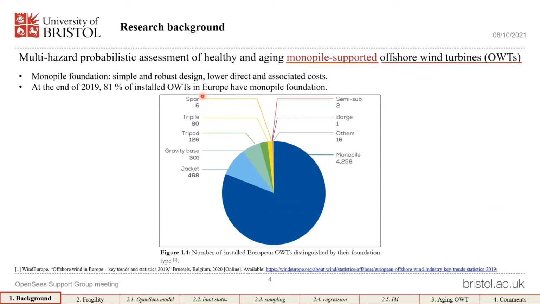Secondly, monopile-supported wind turbines are of interest because the foundation type is simple and robust, and it has lower costs, so it helps to enhance the cost efficiency and robustness of the overall offshore wind energy industry. Also, being the most popular foundation typology for past and recent offshore wind turbines, it is expected to remain in service for many years to come.